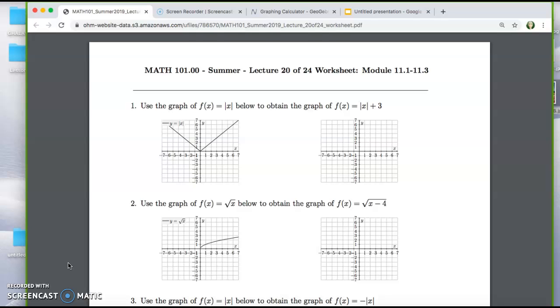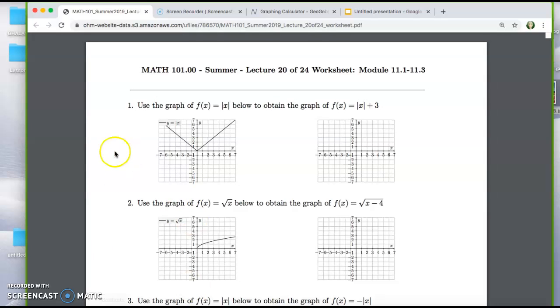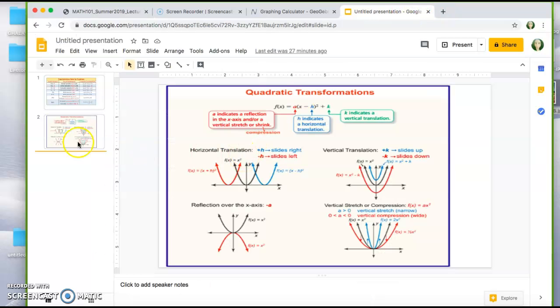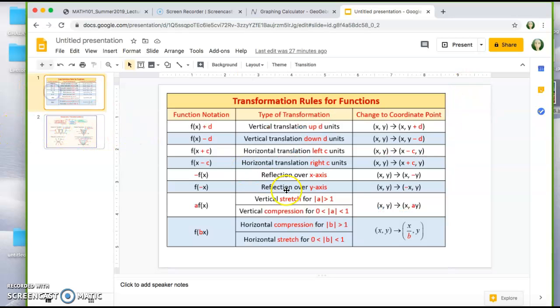Now let's talk a little bit about transformation of functions and what that really entails. Transformations mean transforming. When you transform something, it turns into something else, right? It either transforms to something bigger, smaller, goes up, down, and so forth.